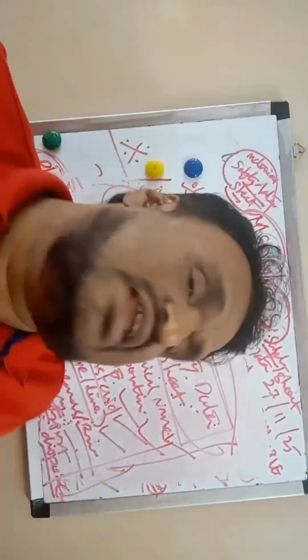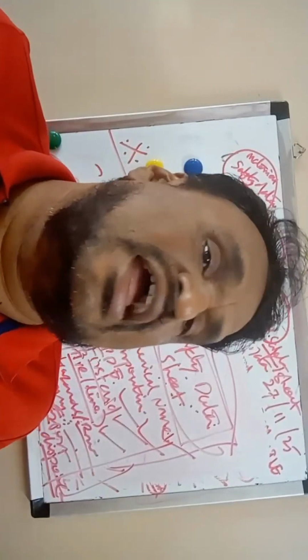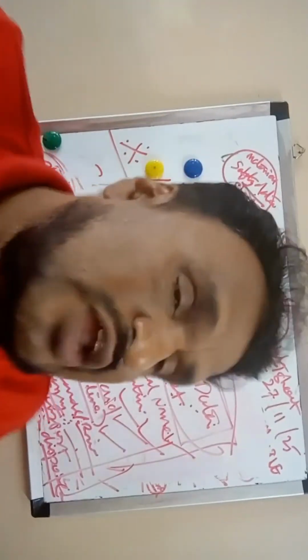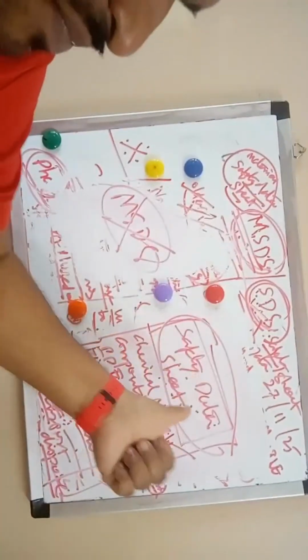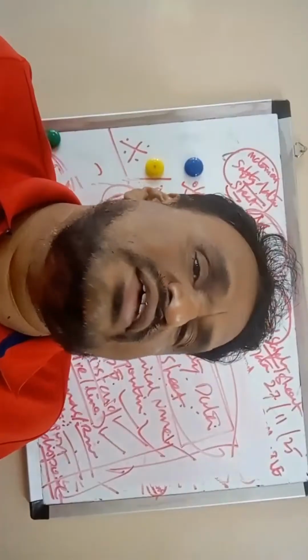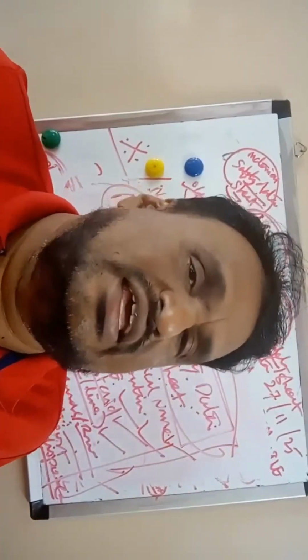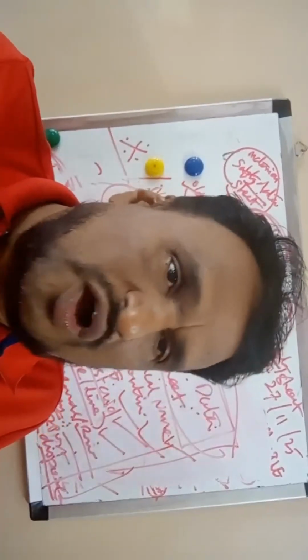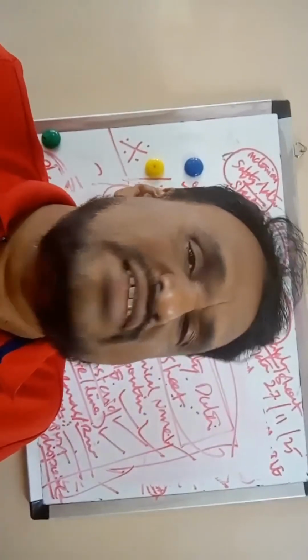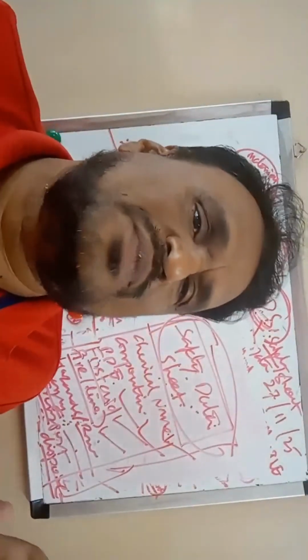When you are still following MSDSs, it's illegal and not accepted. When you have started using the safety data sheet, it's accepted. Otherwise, it will be a non-compliance of the legality. So if you want to comply with international safety standards, you have to follow the safety data sheet. That is the major part here.